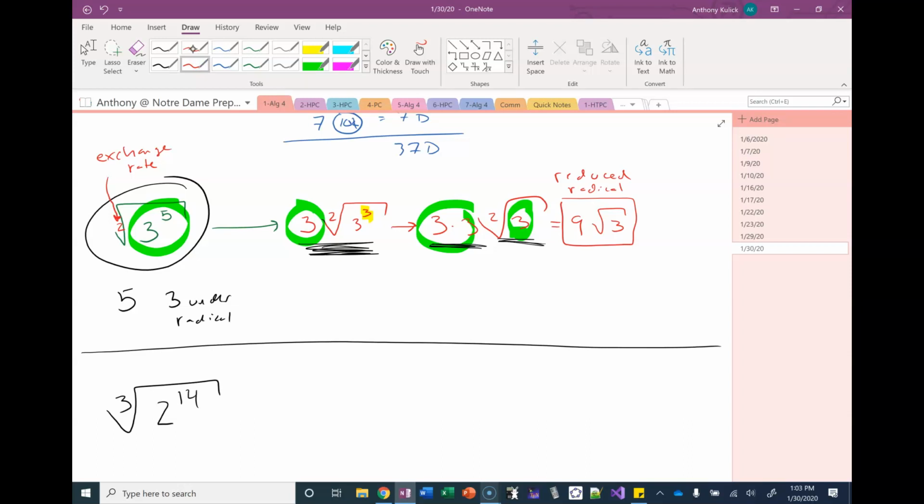So here we have the cube root of 2 to the 14th. What is the exchange rate here? 3. Okay. How many exchanges can I do of the 14 square roots of 2? 4. I can take 4 of them out.